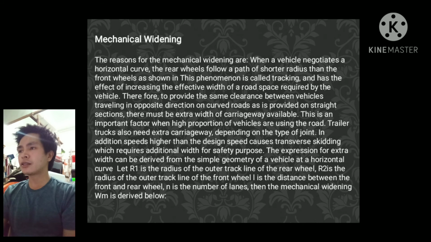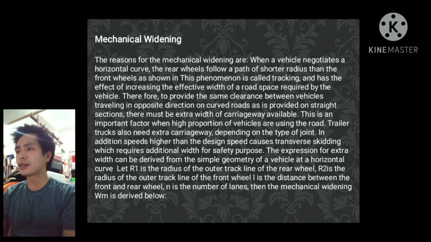Mechanical widening. The reasons for the mechanical widening are, when a vehicle negotiates a horizontal curve, the rear wheels follow a path of shorter radius than the front wheels. This phenomenon is called tracking, and has the effect of increasing the effective width of road space required by the vehicle.